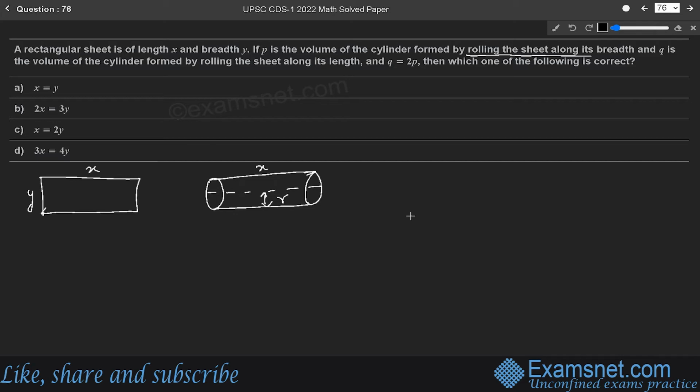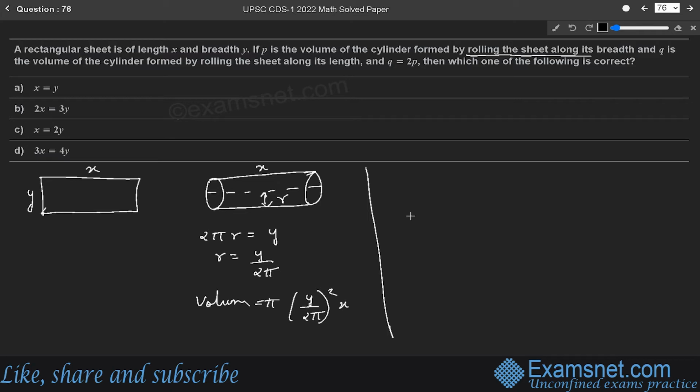When the sheet is rolled along its breadth, the circumference 2 pi r is equal to y, and r will be equal to y upon 2 pi. And the volume of this cylinder will be equal to pi into y upon 2 pi whole square into x, because r is y upon 2 pi. Now there is the second condition, if the sheet is rolled along its length.